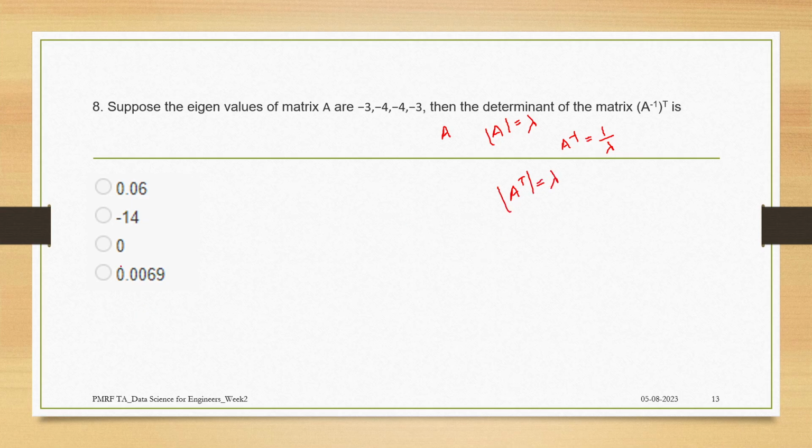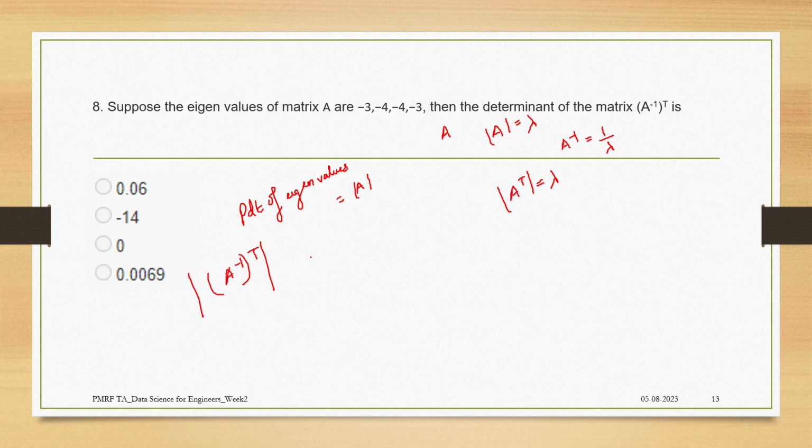Okay, so in this case the eigenvalues are given as -3, -4, -4, -3. So the product of eigenvalues is equal to determinant of A. Here we are asked to find the determinant of A inverse transpose.